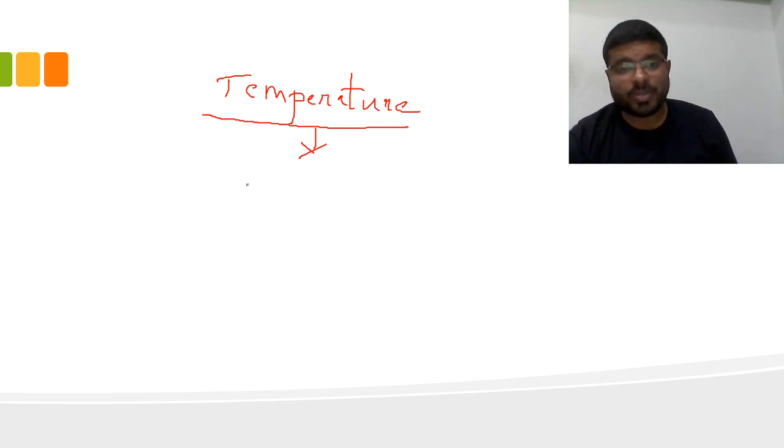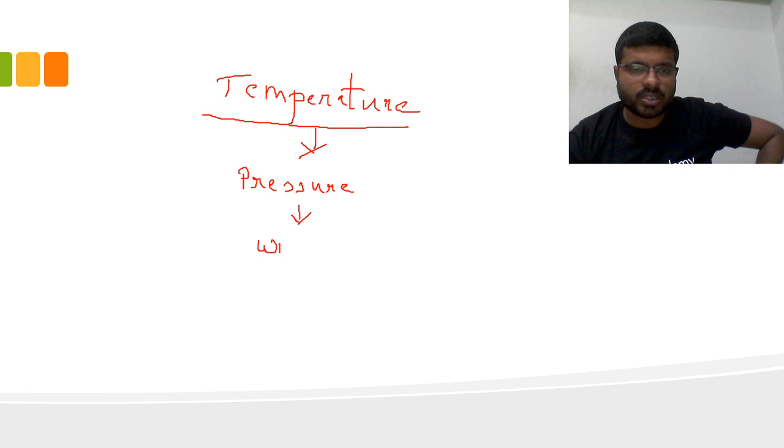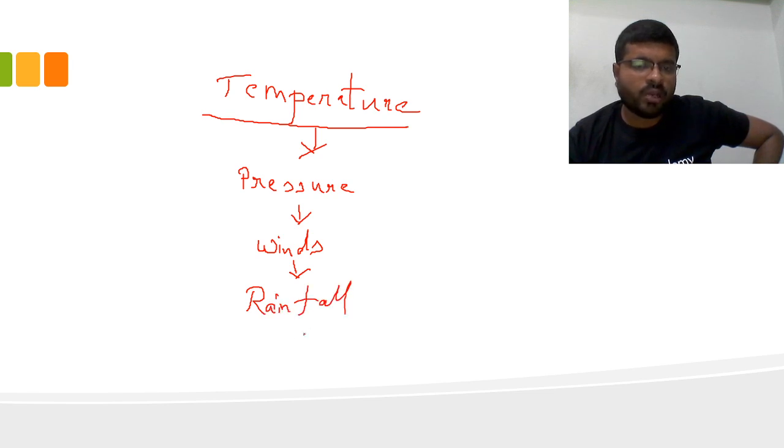Because of temperature, there will be pressure variations. Because of pressure, there will be impact on winds. Because of winds, there will be impact on rainfall. And rainfall will straight away impact the vegetation.